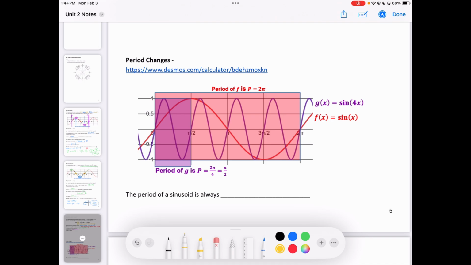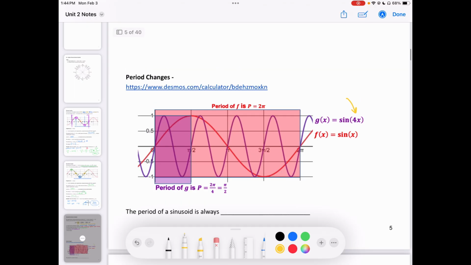So if you look at this purple one, you'll notice that B says 4. Okay, so B here is 4, which means you want to have 4 full cycles, whereas here we just have 1 cycle.